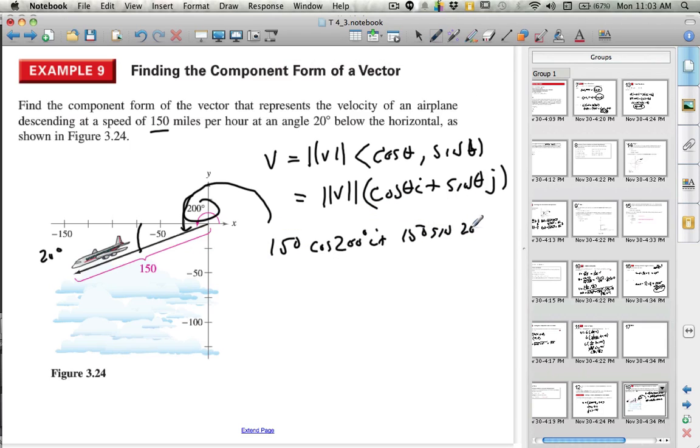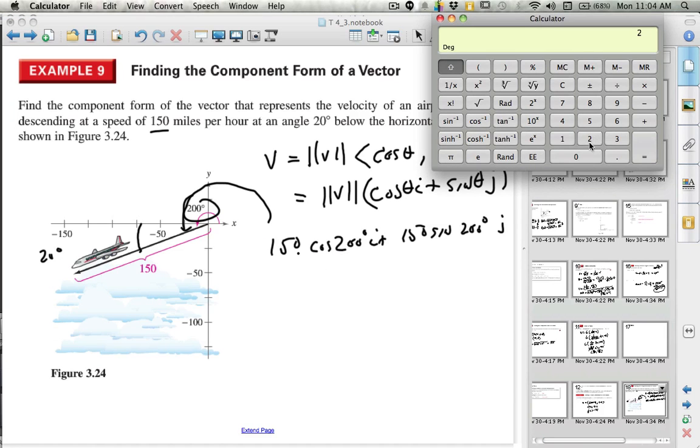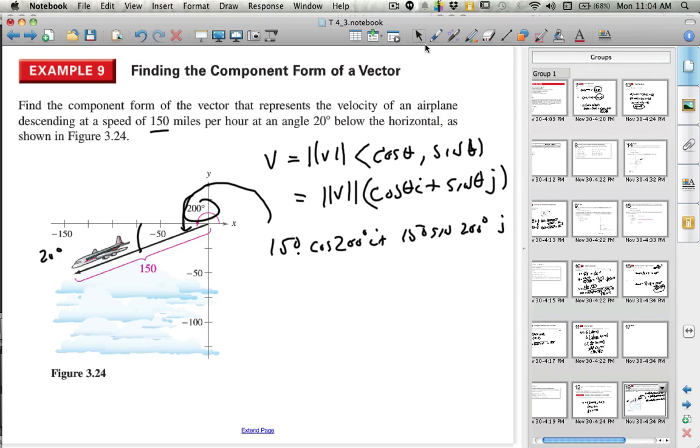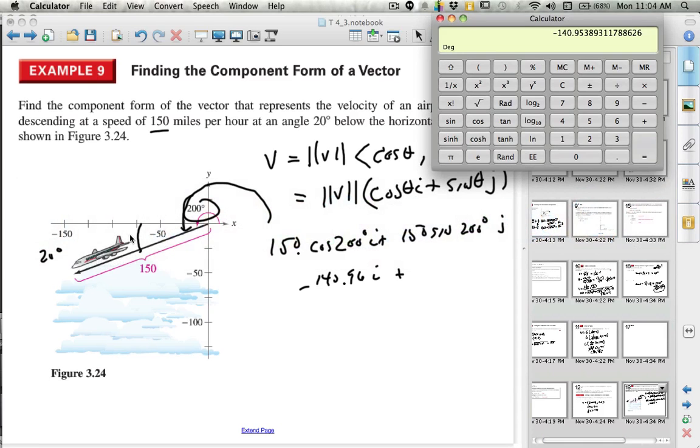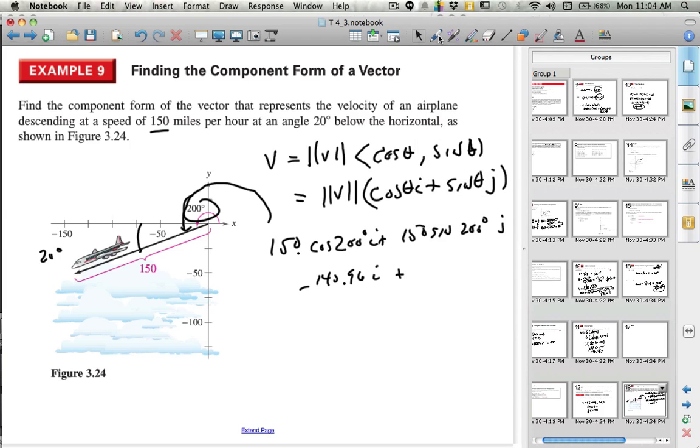When I go ahead and find what cosine of 200 is, if I put in 200 cosine times 150, that's negative 140.96 i plus 200 sine times 150, negative 51.30 j.